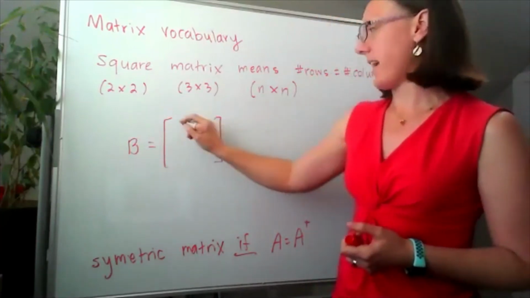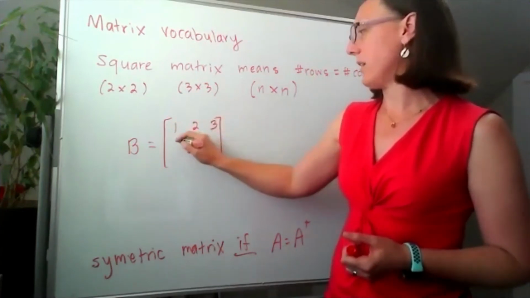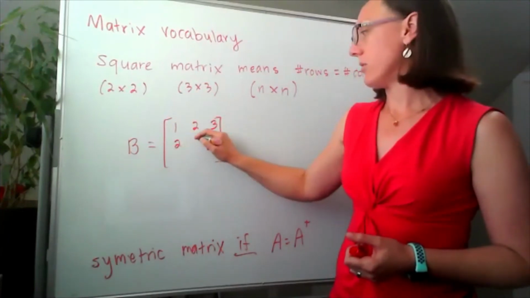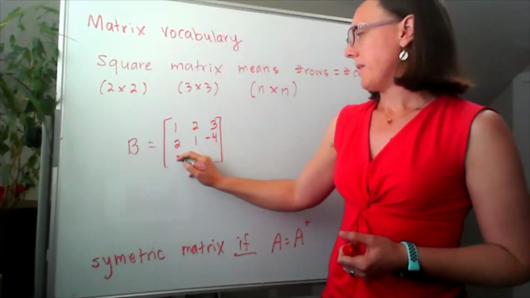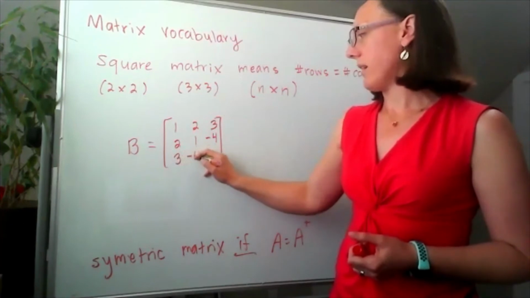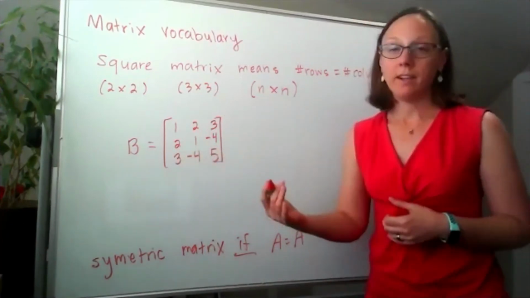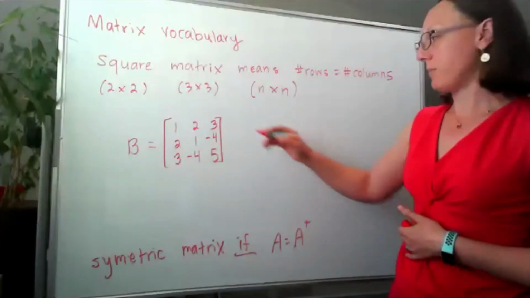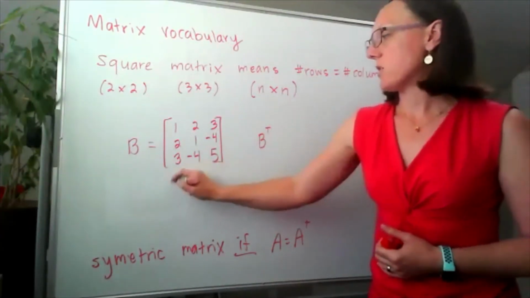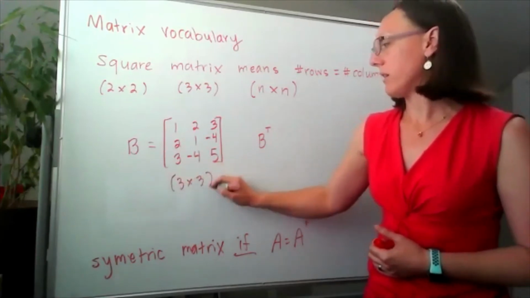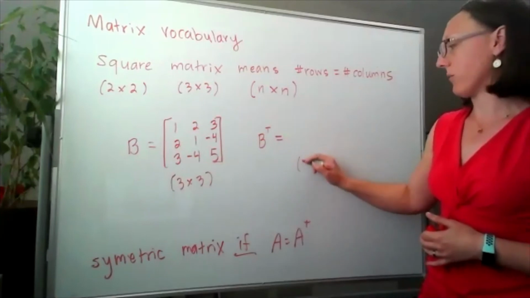Let's say I did something like 1, 2, 3, 2, 1, -4, 3, -4, 5. So this matrix B, if I find B transpose, currently it's a 3 by 3, so B transpose will also be a 3 by 3.